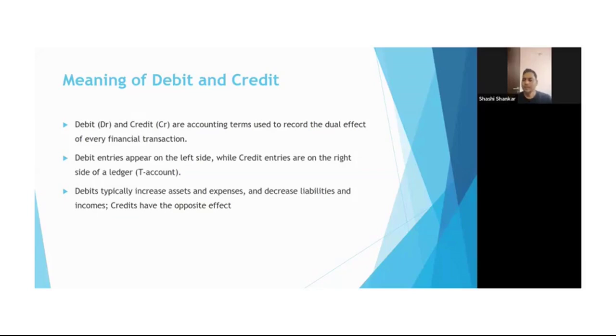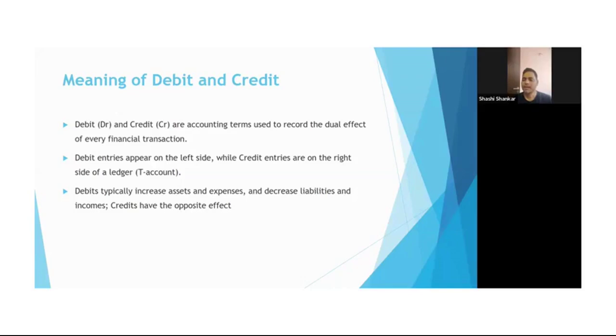Dual effect means every financial transaction must have both a debit and a credit. Debit entries appear on the left side while credit entries are on the right side, especially in the T account.